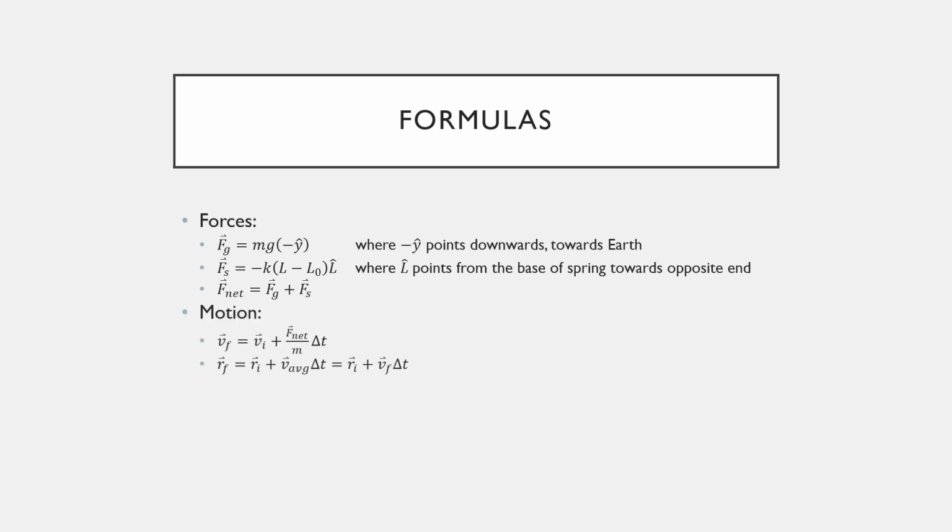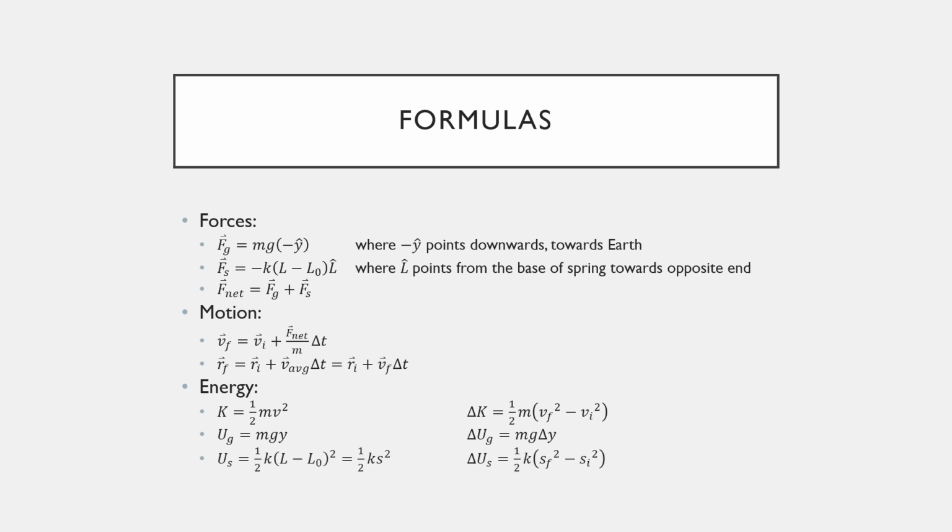The velocity and position updates are relevant once again, and so are the energy formulas. Kinetic energy K equals 1/2 m times v squared, and the change in K, delta K, equals 1/2 m multiplied by v final squared minus v initial squared. Gravitational potential energy U sub G equals m times g times y, and delta U sub G equals m times g times delta y.